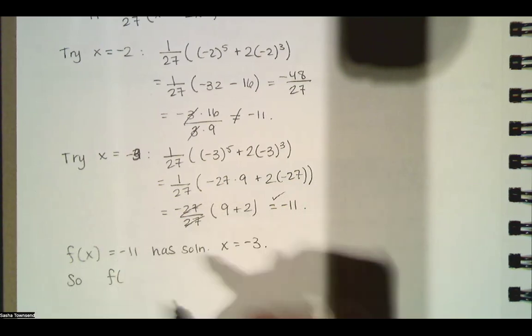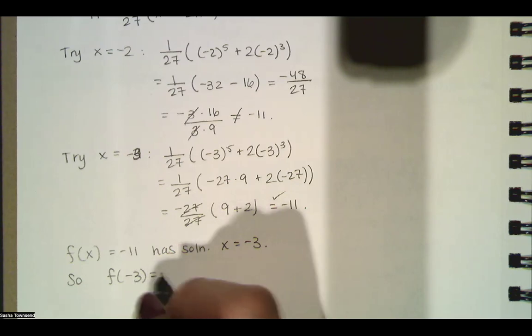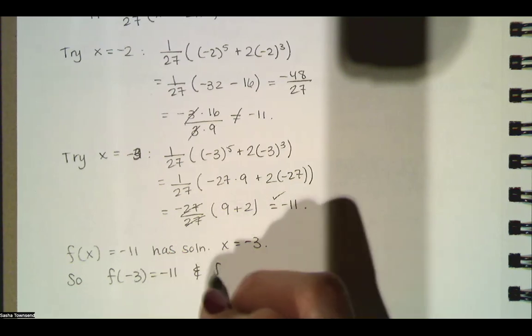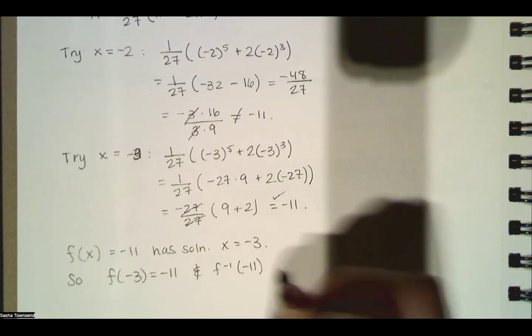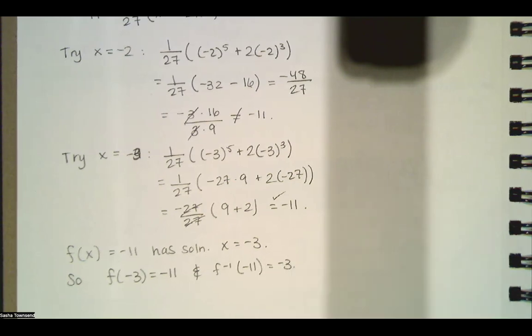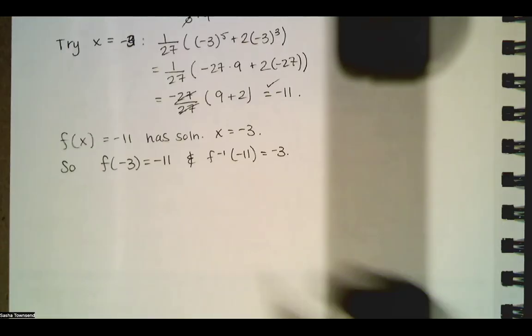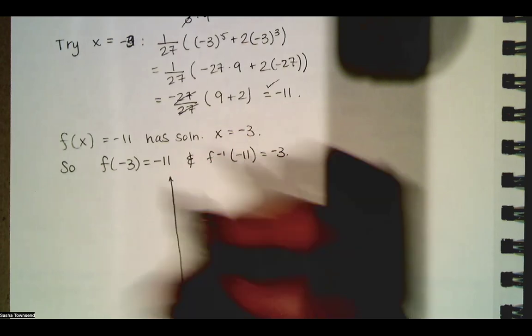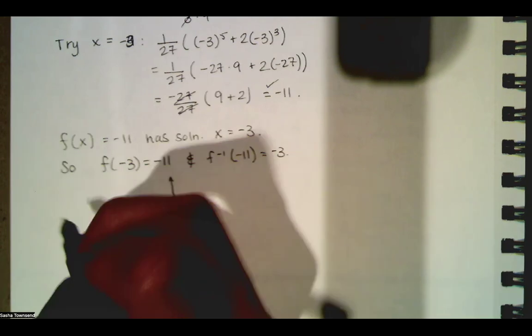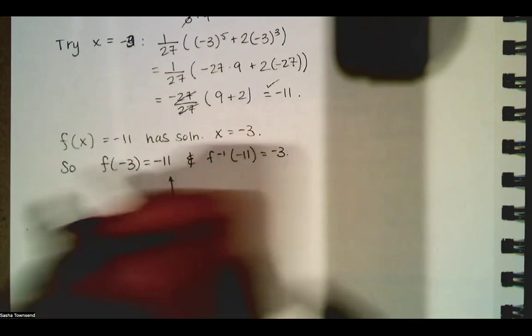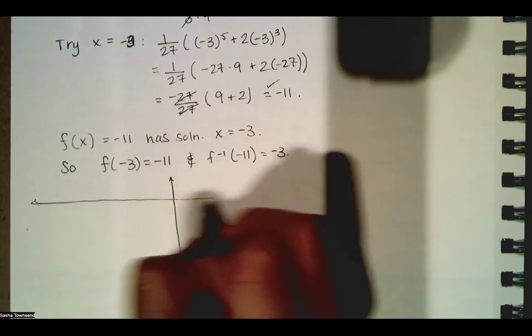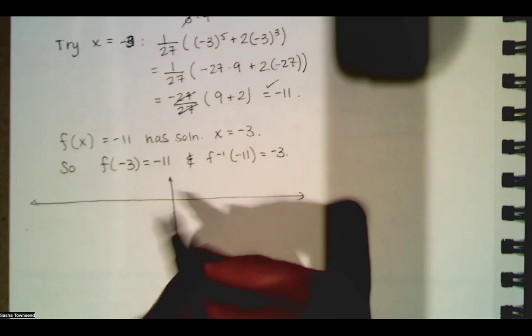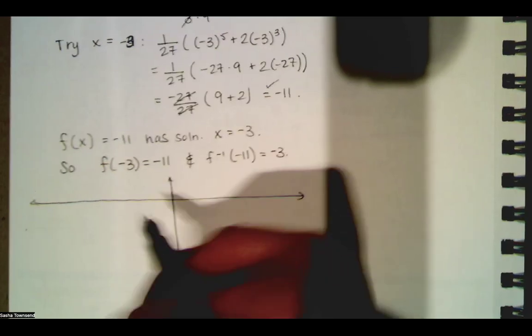So we have f of -3 equals -11. And that means f inverse of -11 equals -3, because we switched the roles of x and y. If we wanted to graph it, we could. So I want my x's to go all the way out to -11.